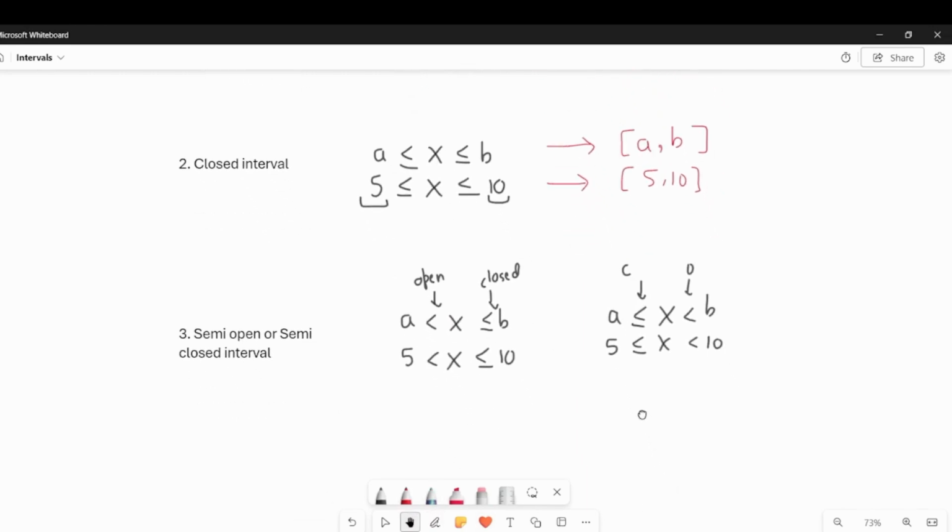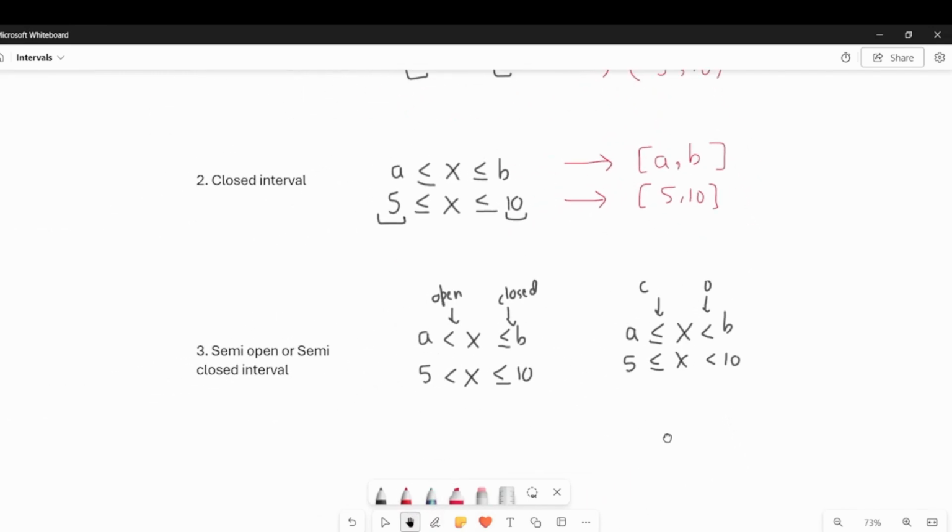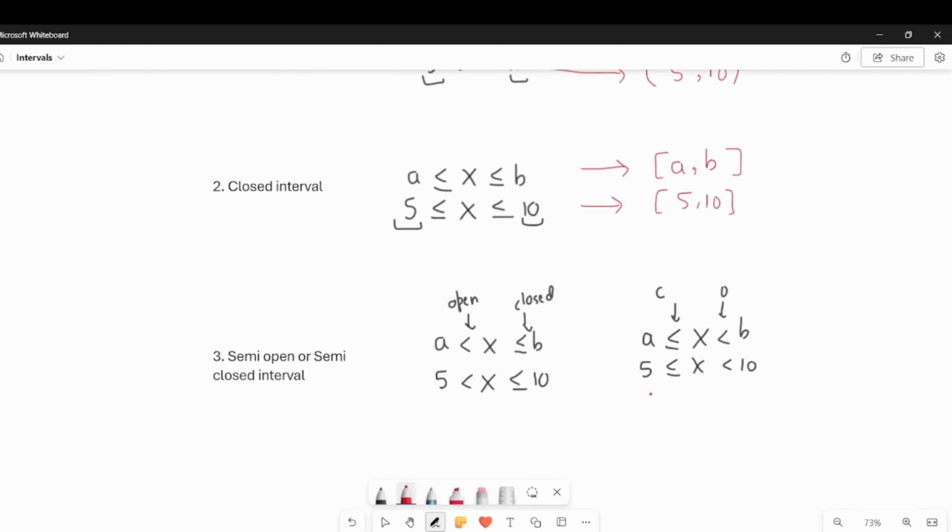Now, if we talk about semi-open or semi-closed interval, you can see that in this example, this end is open, so I will put a parenthesis here, and the other end is closed, so I will put a square bracket here, and then I will write the endpoints.